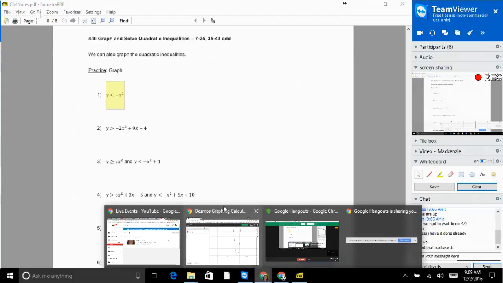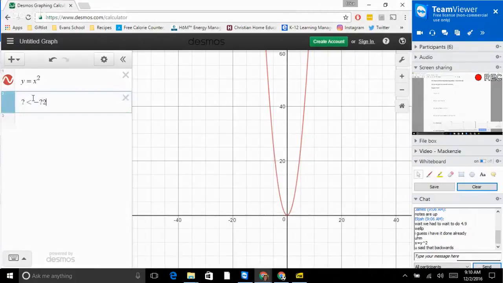So let's try this out. Oh, it doesn't like that. Let me start over. Y is less than negative x squared. There we go. It does not like you to copy and paste, apparently.